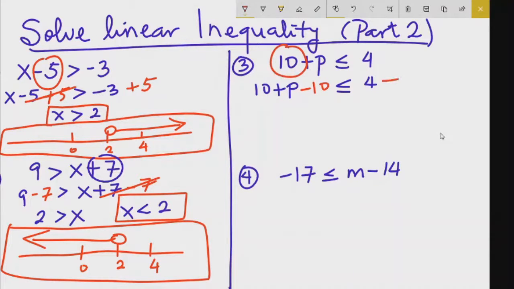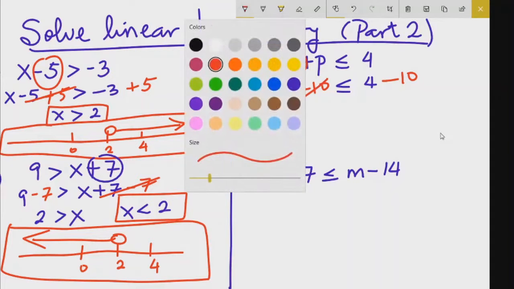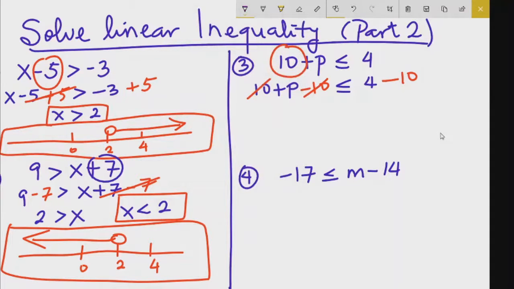I'm color coding so that you can see exactly what is going on. 10 minus 10 goes to 0. 4 minus 10 becomes negative 6. So p in this case is less than or equals to negative 6. That is the answer.